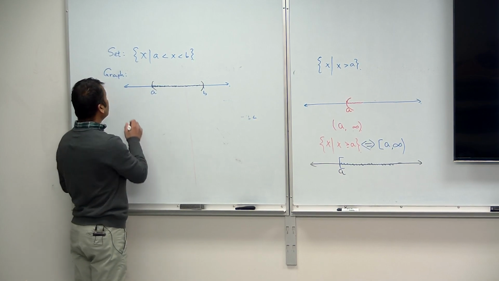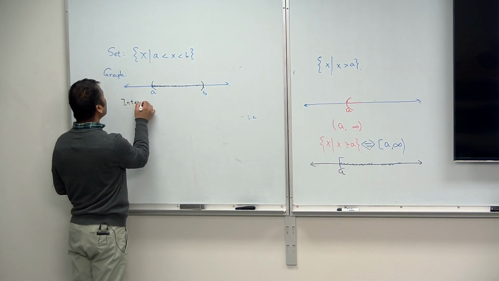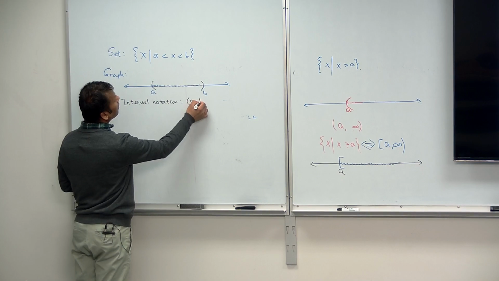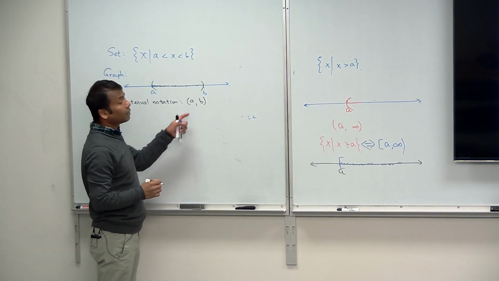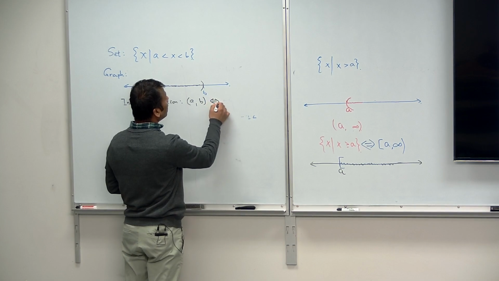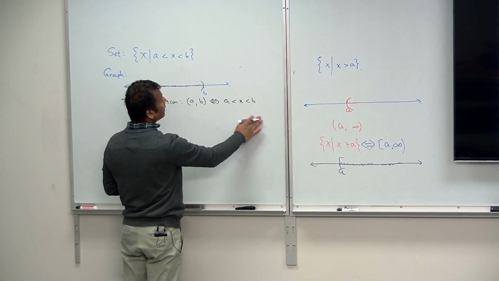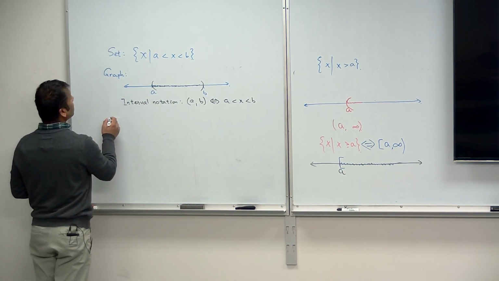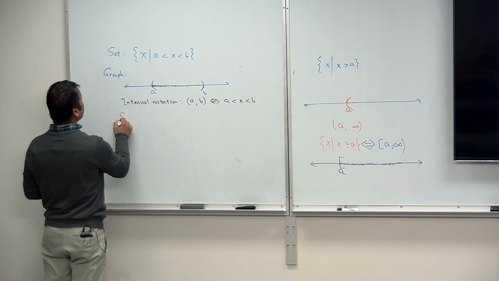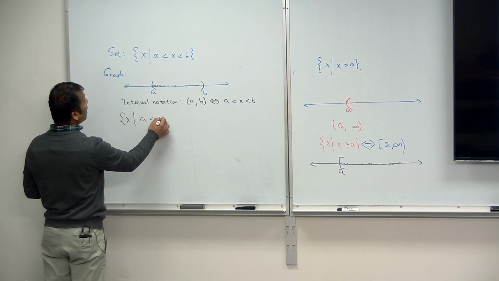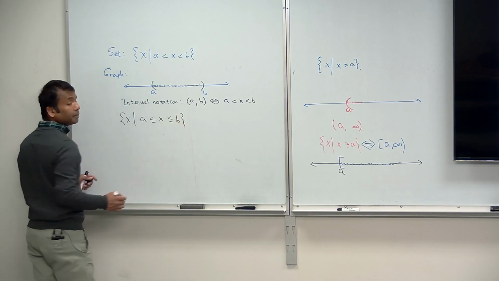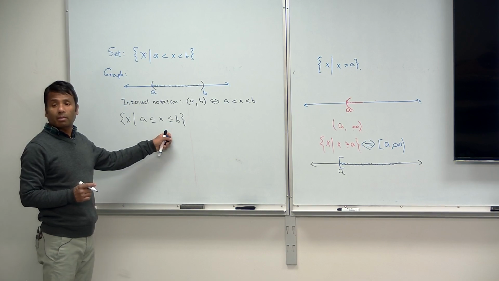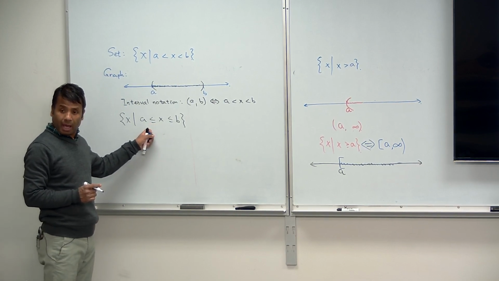Right? So the interval notation is this. So this is equivalent to a is less than x is less than b. And then if you have, let's say, the set of all x so that a is less than or equal to x is less than or equal to b, now the endpoints are included, because x is greater than or equal to a, right?